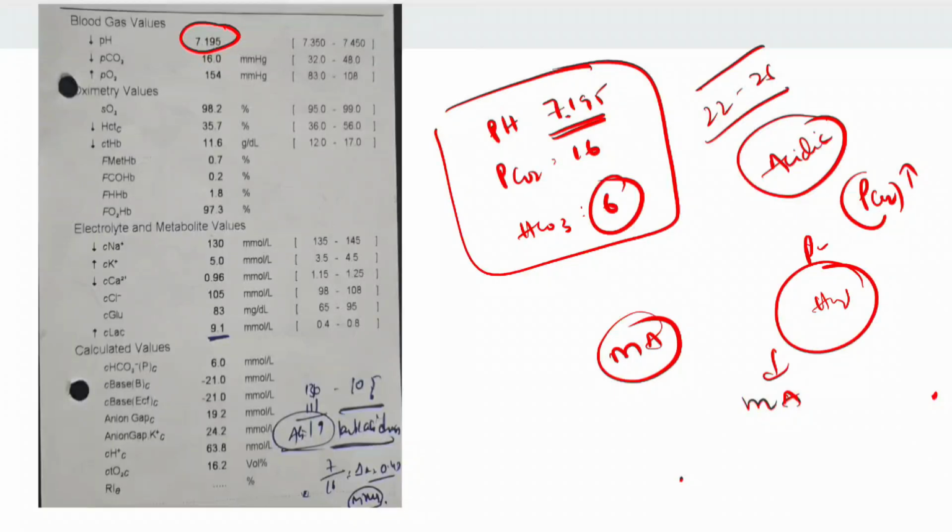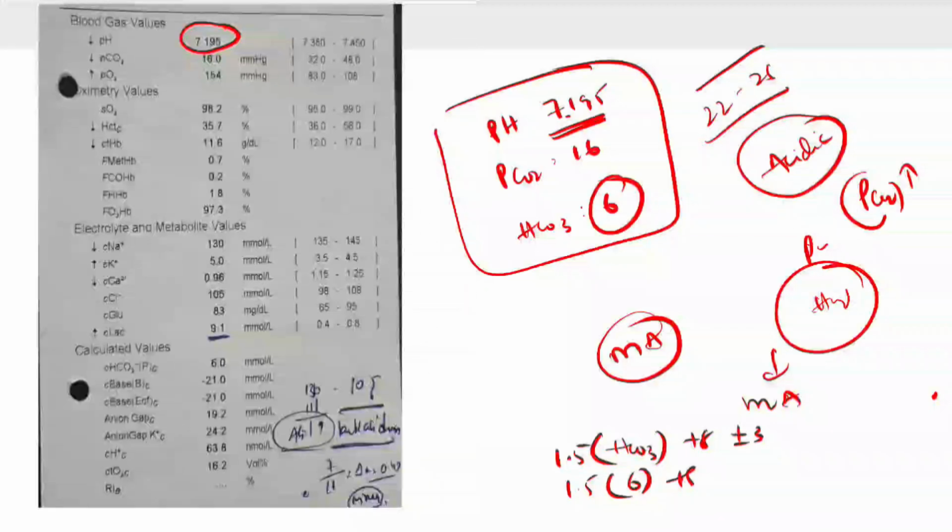Next we have to find whether it is compensated by the respiratory system or not. For that we have one formula: 1.5 times HCO3 plus 8, plus or minus 3. So 1.5 times 6 is 9, plus 8 is 17, plus or minus 3.